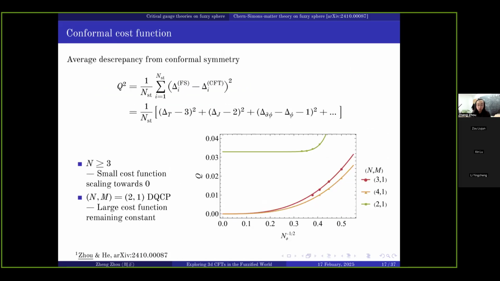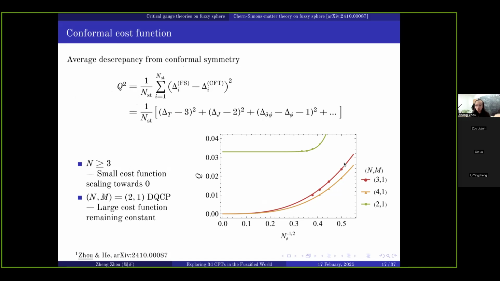So to quantitatively measure the conformal symmetry, we define a cost function which measures the average discrepancy from the conformal symmetry. For example, in this cost function, there can be terms like (delta_T minus 3) squared, or (delta_J minus 2) squared, or (delta_partial phi minus delta_phi minus 1) squared.